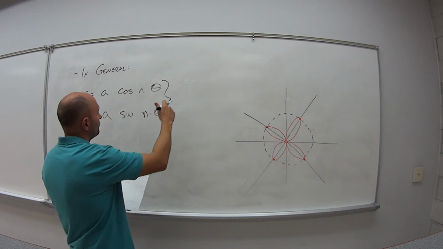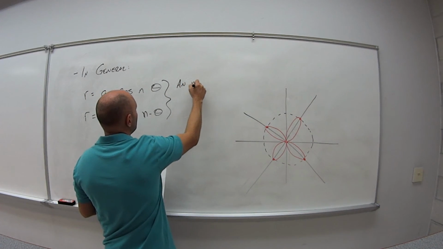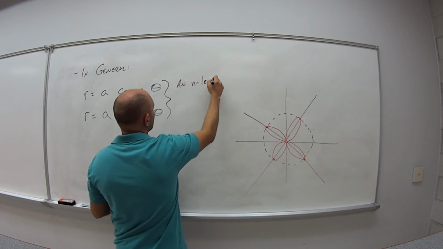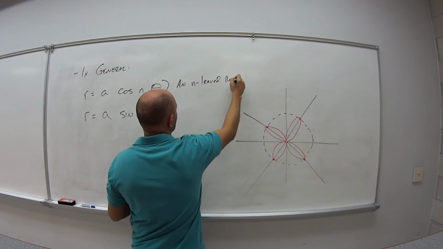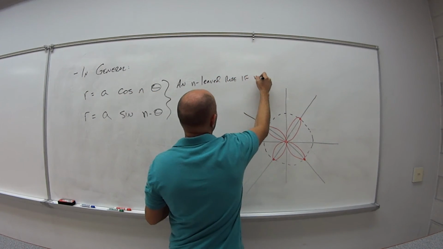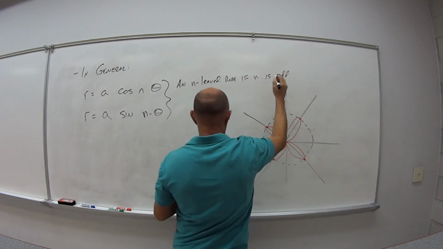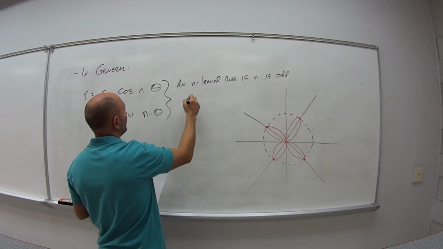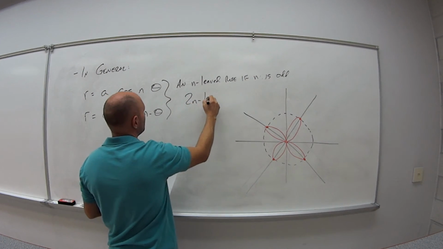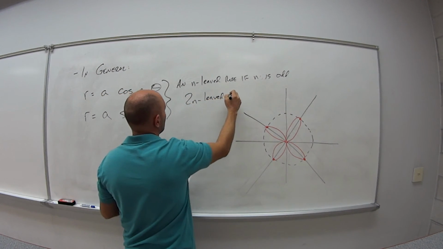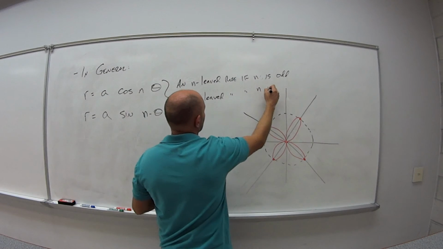It's an n-leafed rose if n is odd, and it's a 2n-leafed rose if n is even.